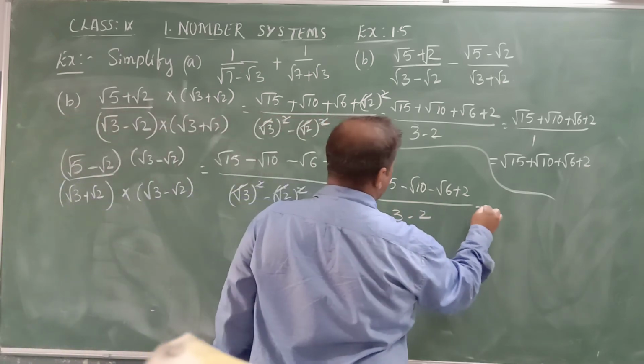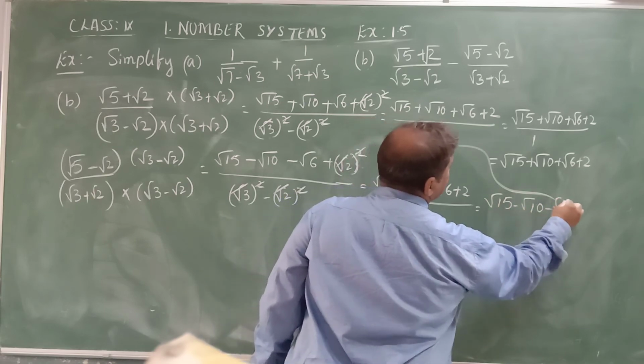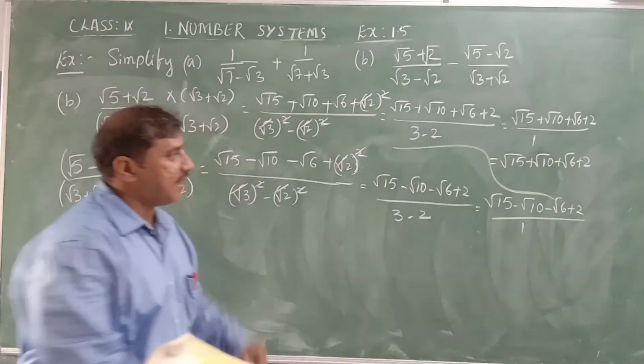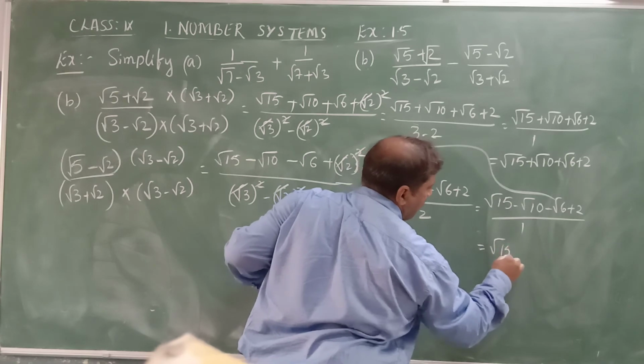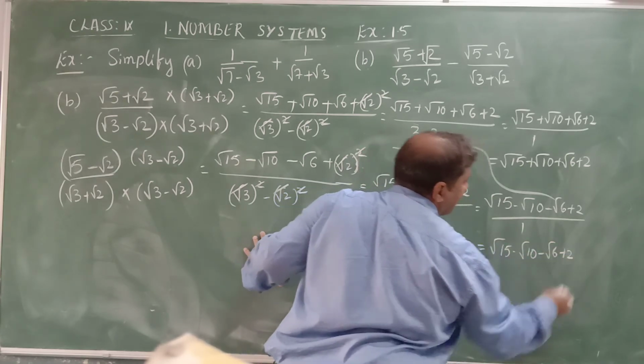That is 1. So when we divide by 1, we get the same number, root 15 minus root 10 minus root 6 plus 2.